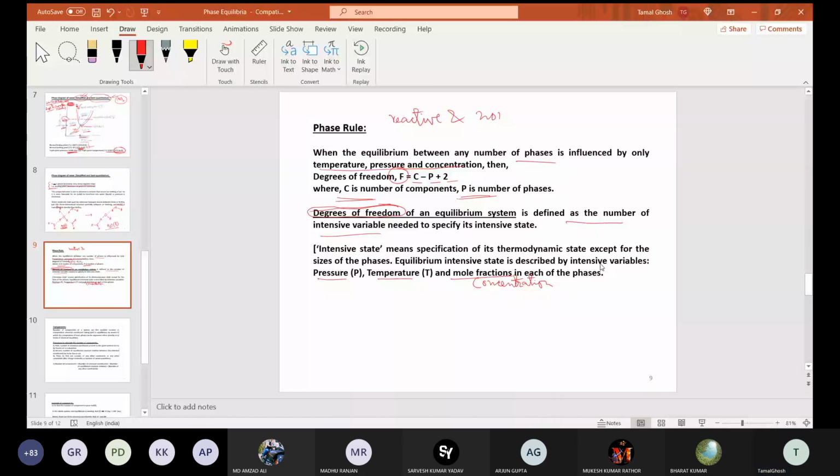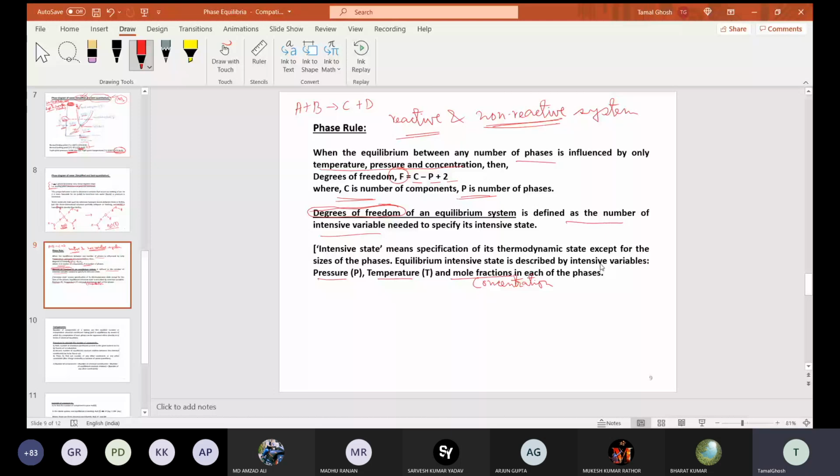A reactive system is like A plus B giving C plus D, and a non-reactive system is like a phase transition. In such situations also this phase rule can be applied.